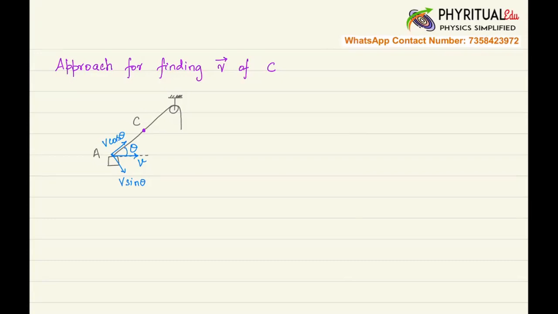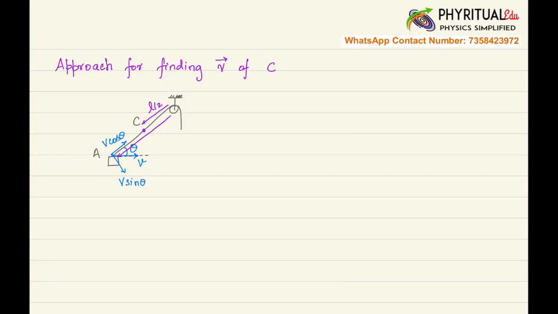Now, how to do that? I'll just give you the method quickly, and then also I'll tell you the logic behind why we are doing this. Now, suppose say the distance of point A from the pulley which is shown, point A meaning the end of the string. So from the pulley till the end of the string, let's say that length over there is L, and from the pulley to point C, let's say the length is L by 2. I'm just assuming a point C like that.